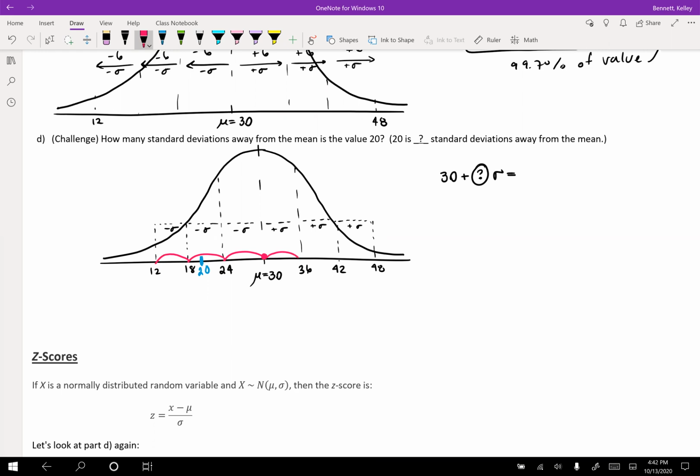Every step would be a standard deviation. How many of those steps do I need to take to get to 20? Well, we know that the standard deviation is 6. I still don't know how many steps I have to take, but I know that each step is 6. So now I'm going to solve this for our unknown quantity. I'm going to subtract 30 from each side.